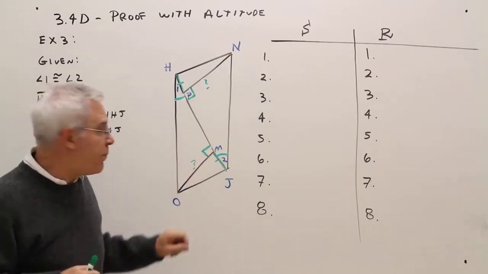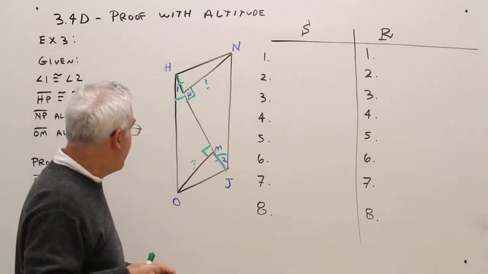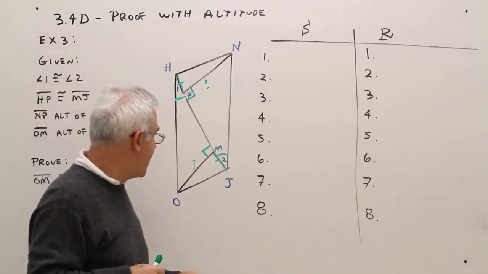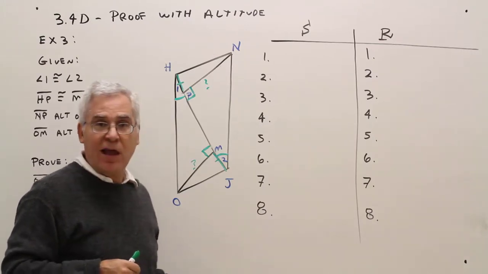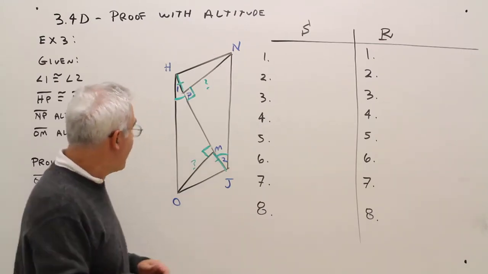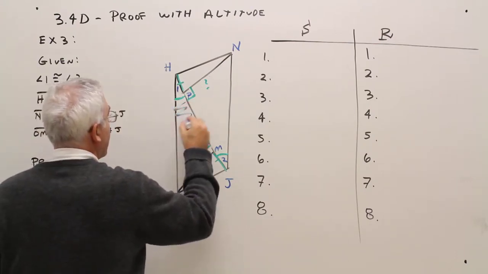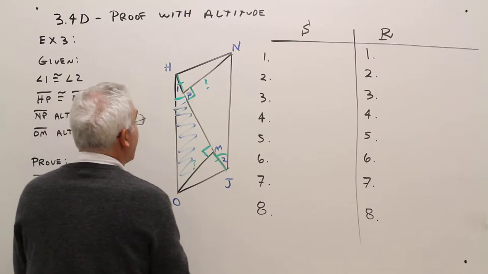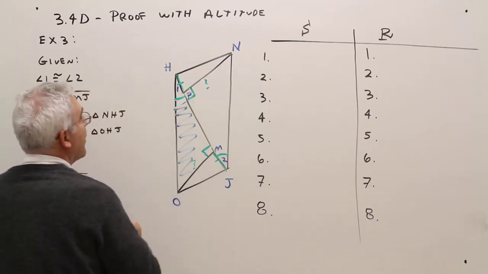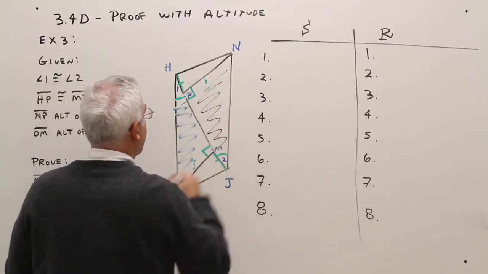I just need one more piece of information, but I don't really see how that's gonna happen. Let's try taking a look at this triangle here and this triangle there.